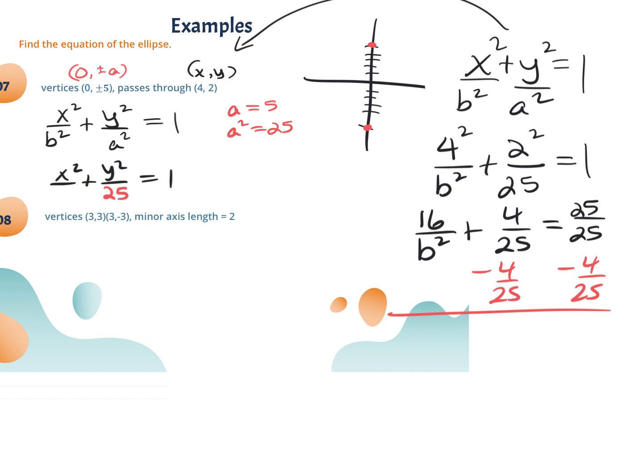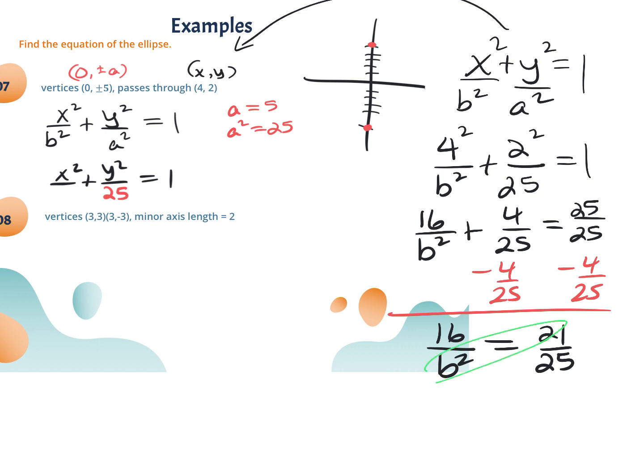And then I get 16 over b squared equals 21 over 25. Now, you can either choose to solve this as a proportion or multiply both sides by b squared to get it out of the denominator. I like to solve these as a proportion.